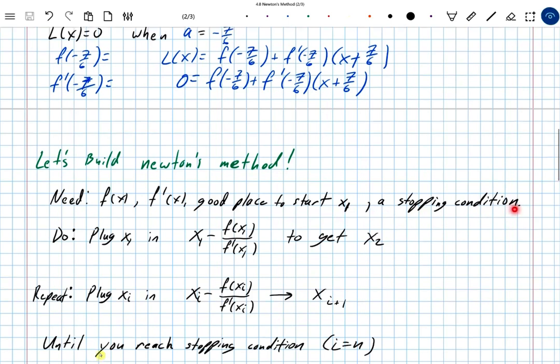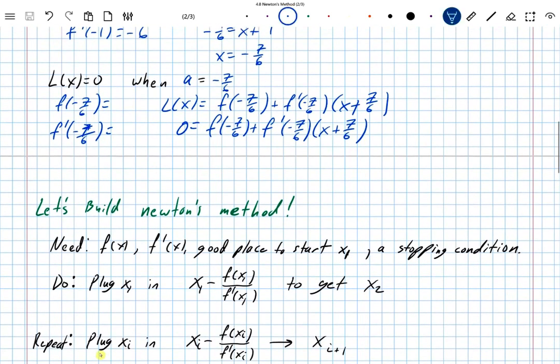So in fact, let's go back up here for a second. Let's see if I can't formalize this a little bit. If I wanted to know when is L of x equal to 0, well, that's just saying when is 0 equal to f of a minus f prime of a times x minus a.